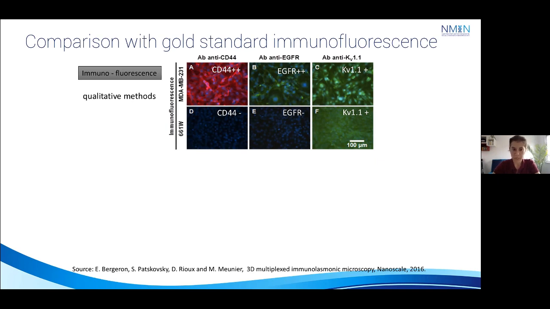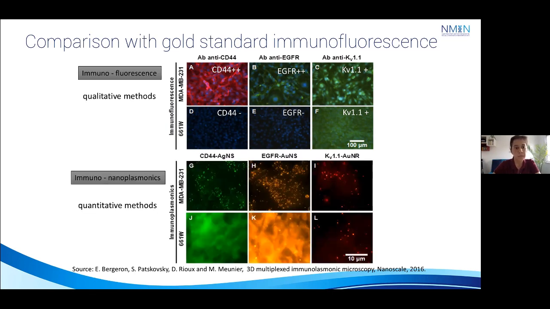We then compared these immunofluorescence results with the immunonanoplasmonic labeling, and we could see a quite good agreement. We used three different types of nanoparticles to assess the presence of the three different markers, and we found good agreement with the previous methods.